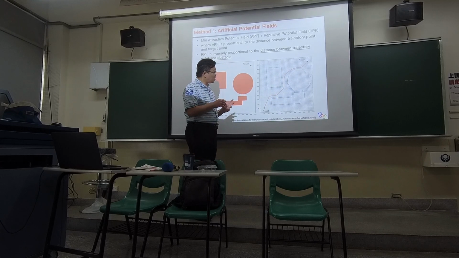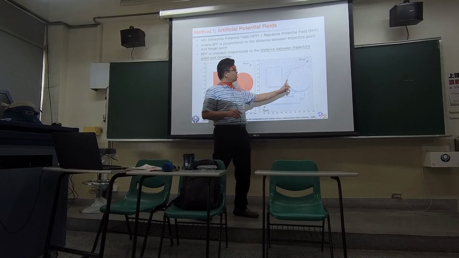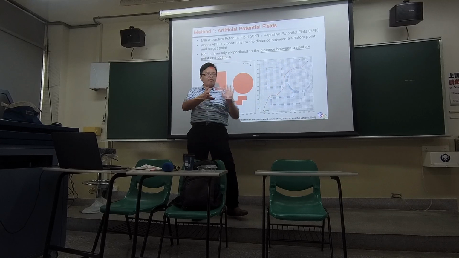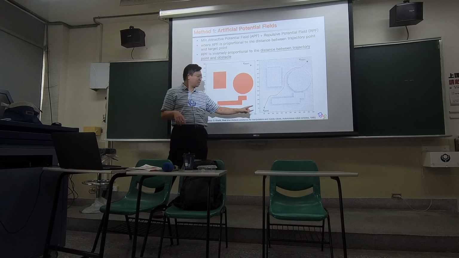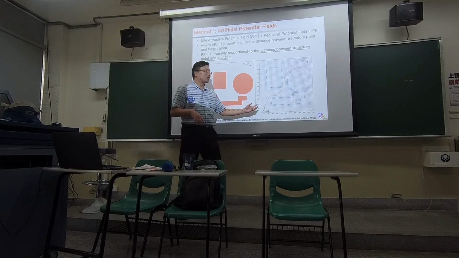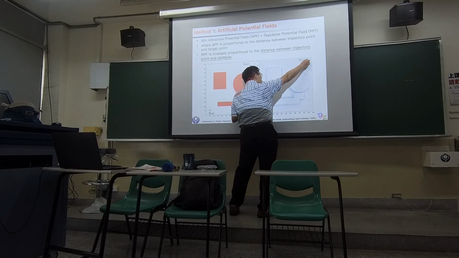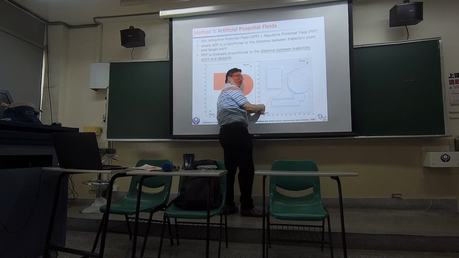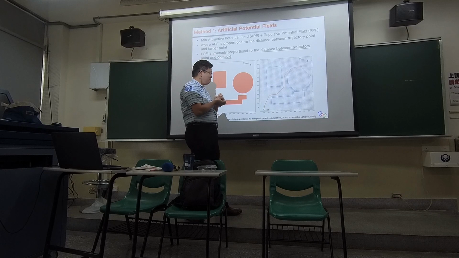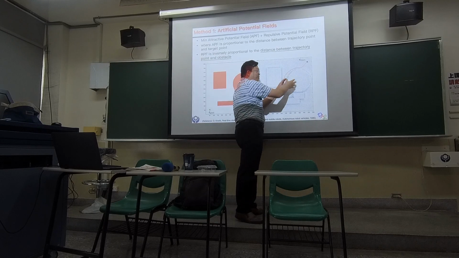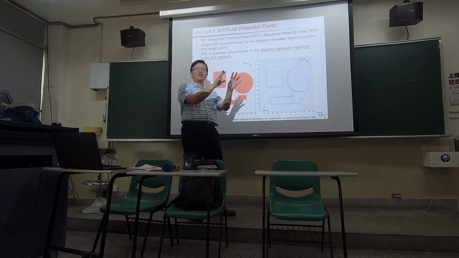So not only they have this negative potential field pushing you away, they also have some kind of magnet from the target. So the magnet is pulling the starting point toward itself. So this is like a positive potential field, and the obstacle are like negative potential field.